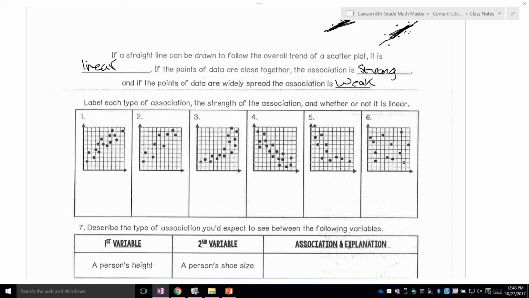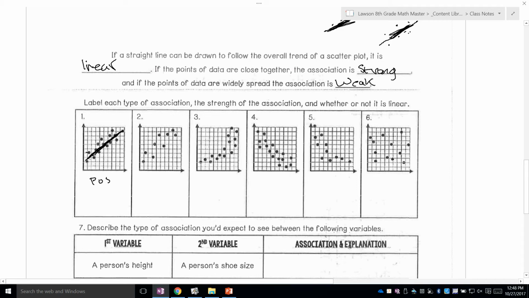For number one, just by looking at this graph, you should be able to see that all these points are moving up, and there's a whole lot of points that are really close to the line when I draw through it. Since it's increasing from left to right, it's going to be positive, so I'm going to put POS for positive.